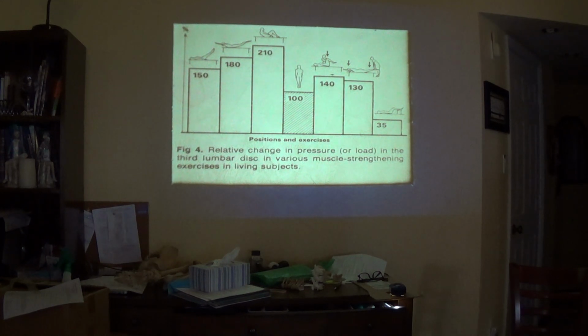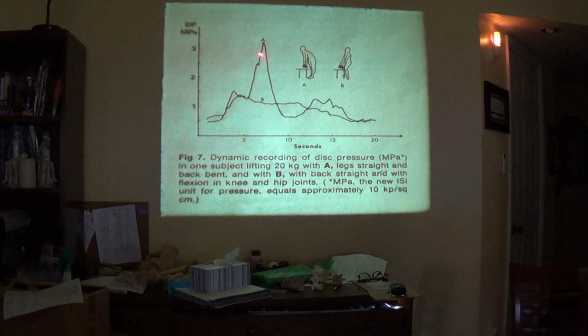And then the lowest interdiscal pressure usually is in this position here, which we use a lot in treatment. We many times put a lumbar roll or a knee roll under patients to reduce the interdiscal pressure. This particular drawing shows how flexion influences the interdiscal pressure during lifting.